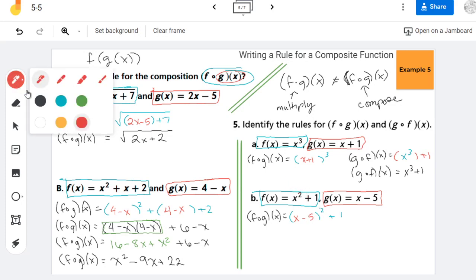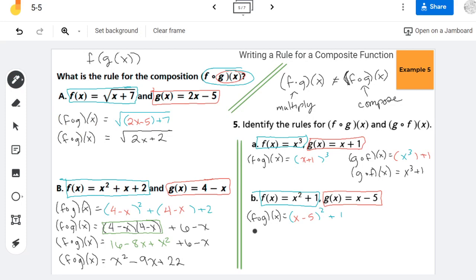They're like, you don't have to deal with that cubic, it's fine. But whenever you have something squared, they will generally demand that you expand that. So if I do expand that, I get x squared minus 10x plus 25. Don't forget that plus 1 comes down. So my final expression here for f of g of x is x squared minus 10x plus 26.